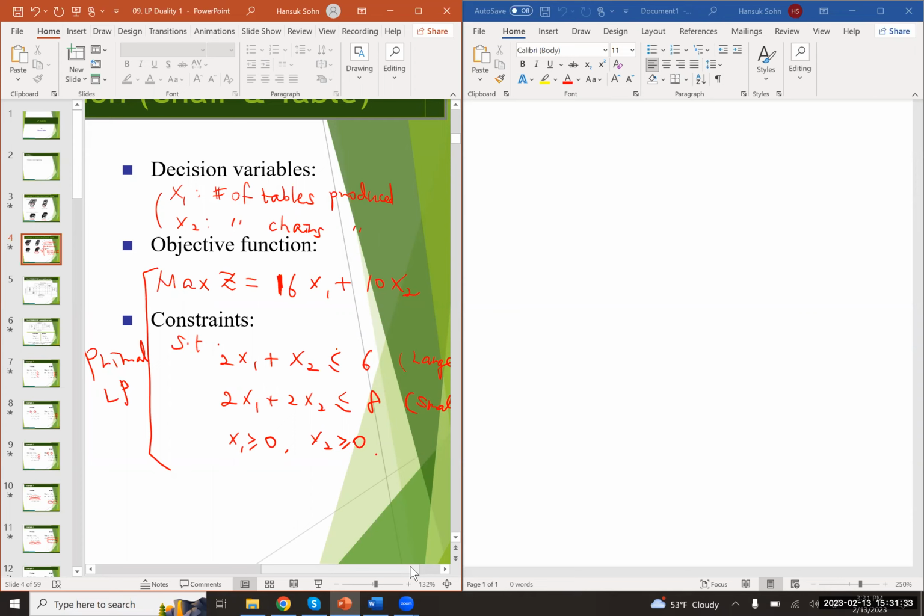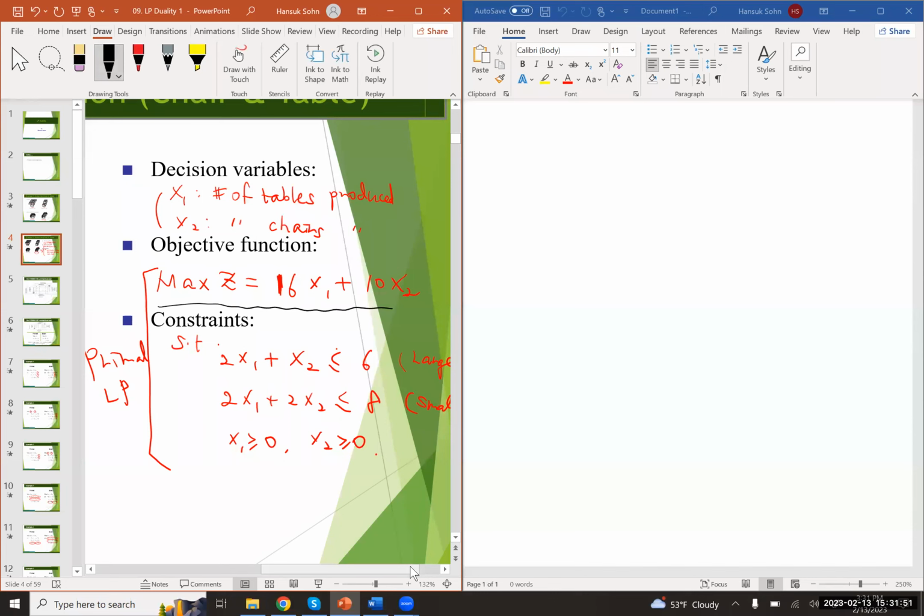Then how could we solve this problem? The first thing is definitely we want to maximize this value, our objective function, 16x1 plus 10x2.